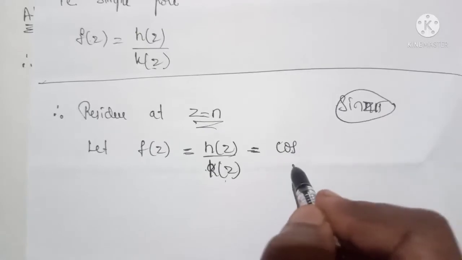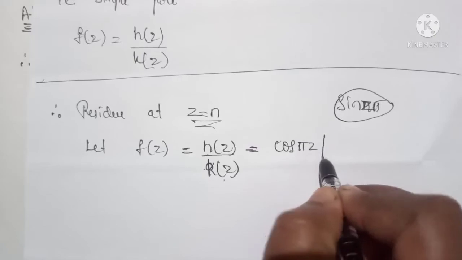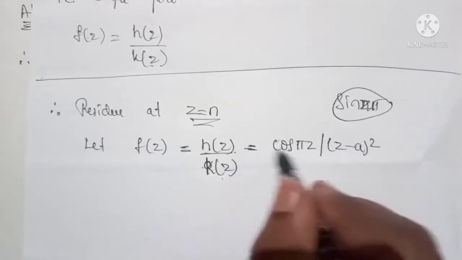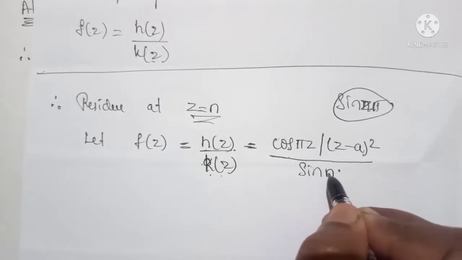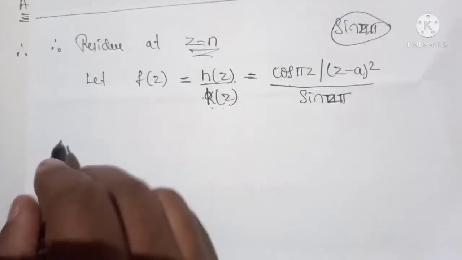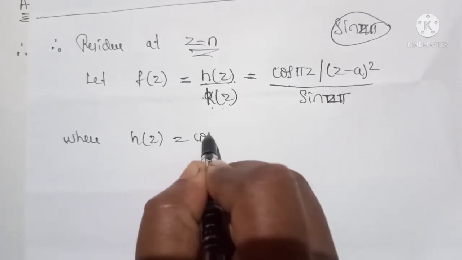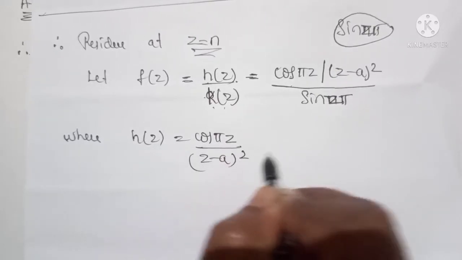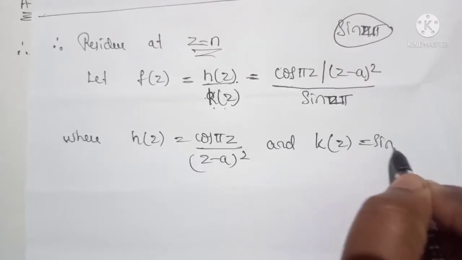Except this term, the remaining terms we take as h of z, that is cos of pi z divided by z minus a whole square, and k of z is sin pi z. So h of z equals cos of pi z divided by z minus a whole square, and k of z equals sin pi z.